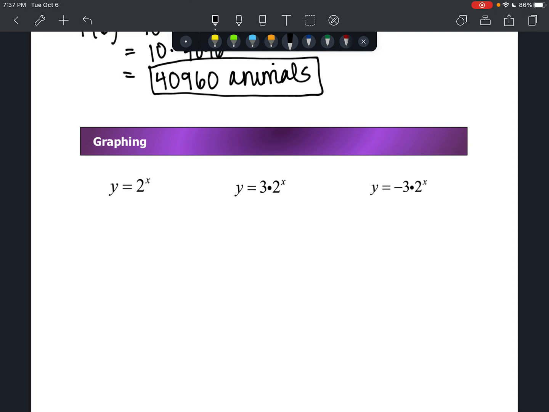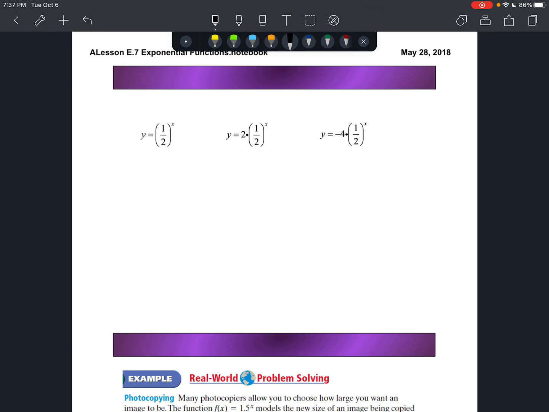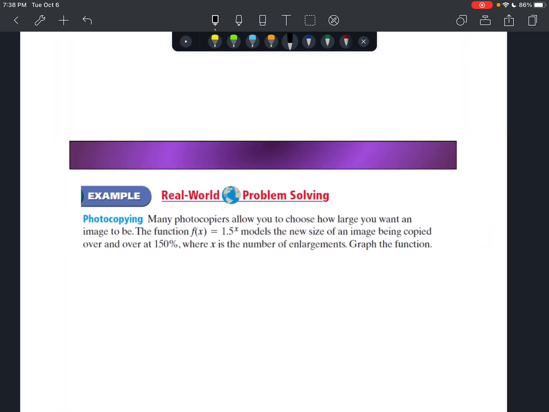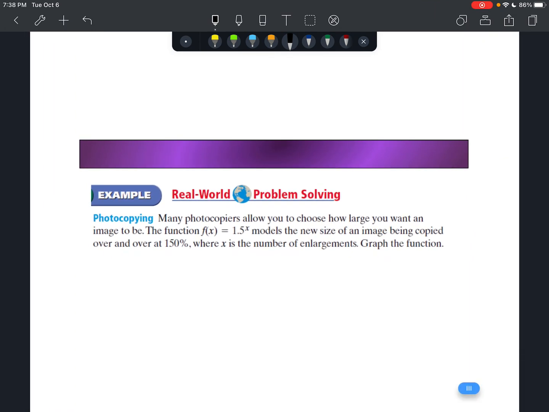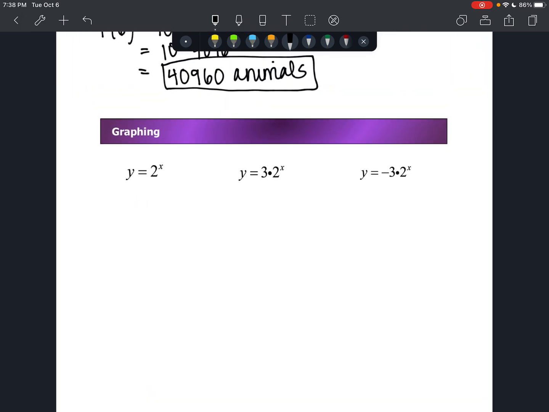So we're going to do some graphing, and we're going to do some more graphing, and then we're going to go back to some real-world applications with some exponential growth. So come back in the next video and we're going to do some graphing. Make sure you've got your graph paper because we're going to need it right here.